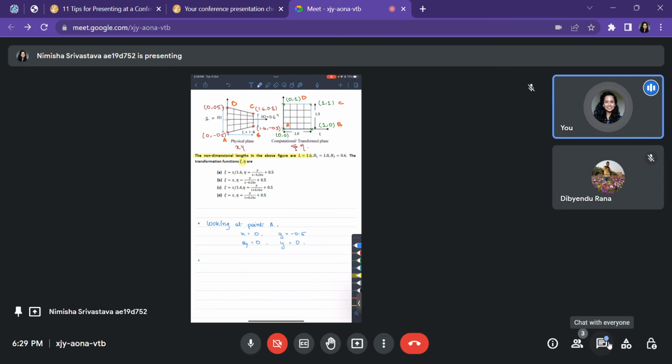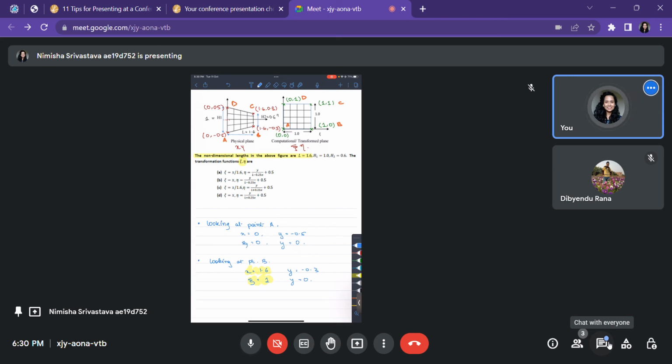So we look at point B. So x in here is 1.6, y is minus 0.3, zeta is 1, and eta is 0. So here we are able to see some relationship between x and zeta, which we are going to mark first.